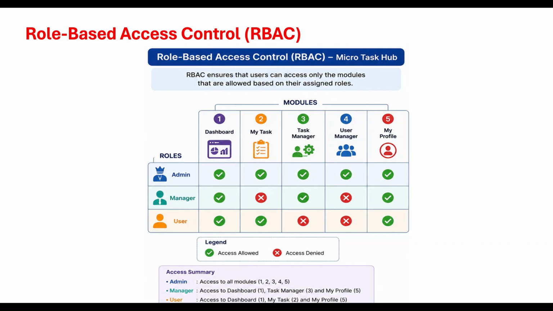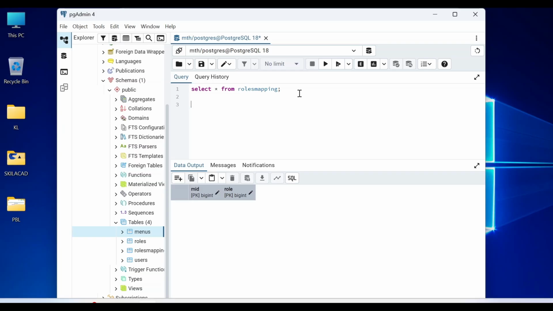Let us start insert and create relationship in the table roles mapping. Use insert query to create a relationship. Insert into table name roles mapping followed by the column names MID and then role. Values.